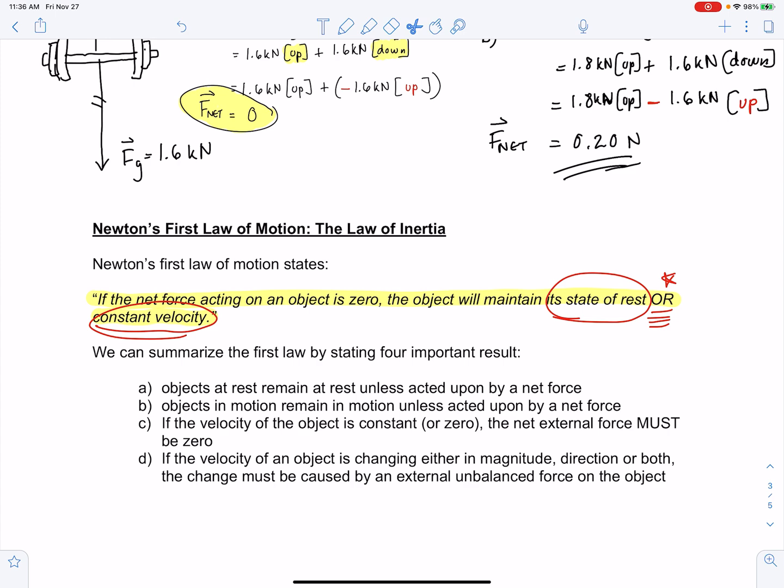B, objects in motion remain in motion unless acted upon by a net force. If the velocity of the object is constant or zero, then the net force must be zero. If a velocity of an object is changing either in size or in direction or both, then the change must be caused by an external force, which we will discuss in Newton's second law.